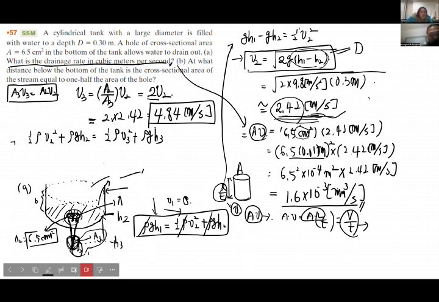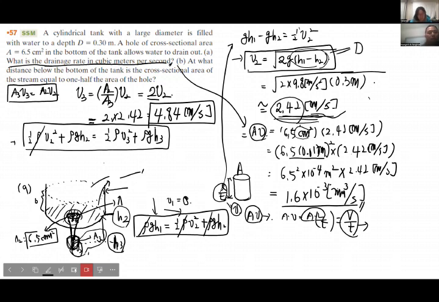You just introduce a new variable to find the distance between H2 and H3, right? Kinetic energy plus potential energy should be conserved along those two spots.